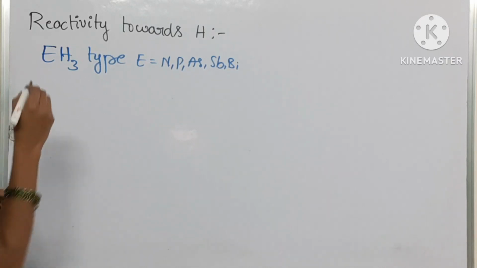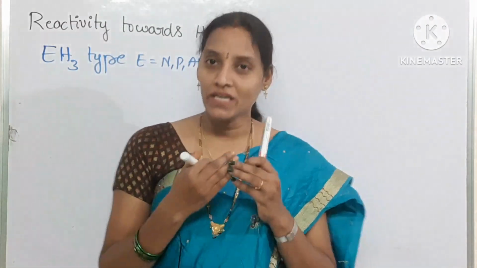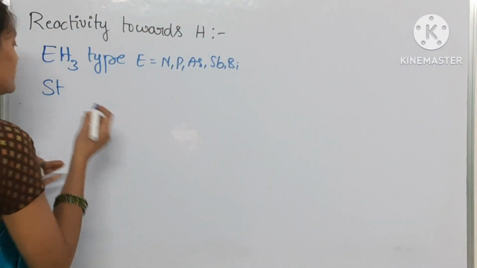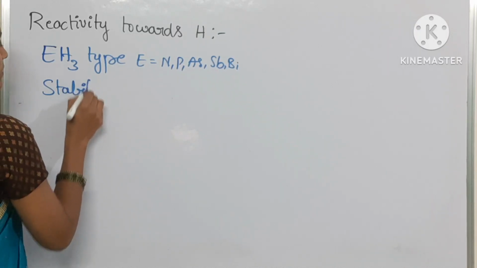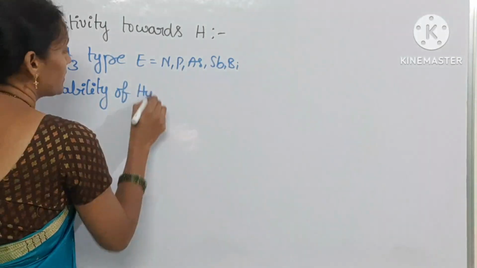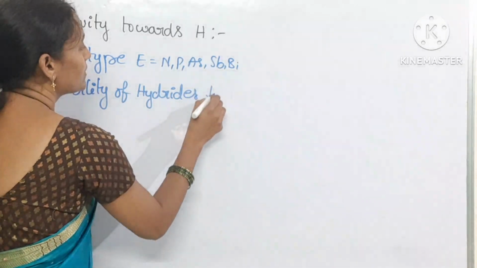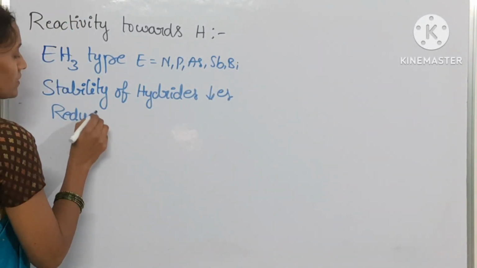Down the group, the stability of hydrides decreases. So the reducing nature increases.